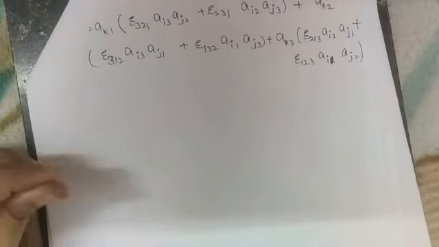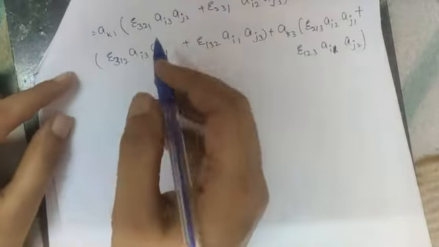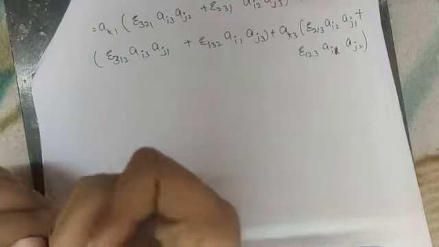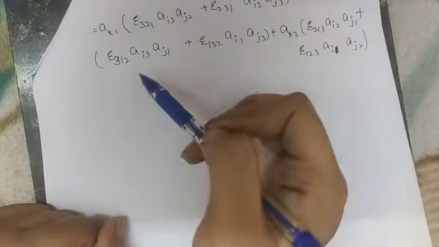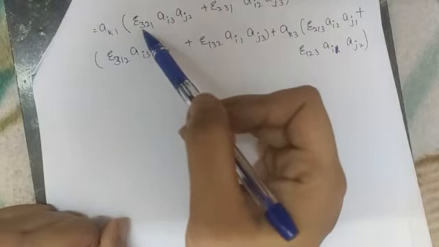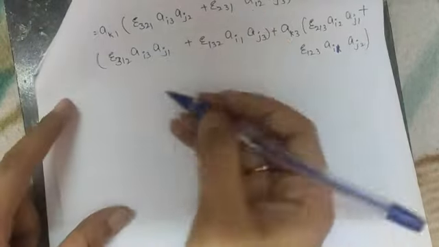So now if the ijk values are in cyclic manner, your epsilon takes the value 1, and if ijk are in acyclic manner, your epsilon ijk takes the value -1, right?